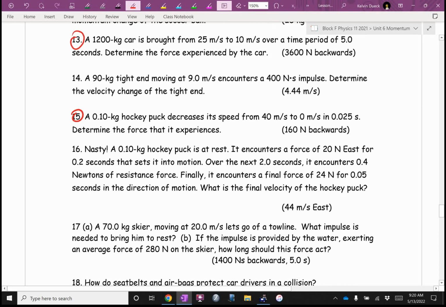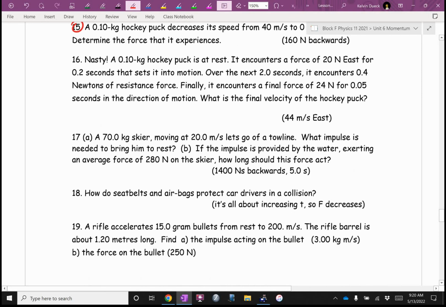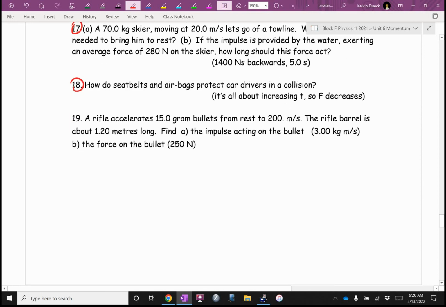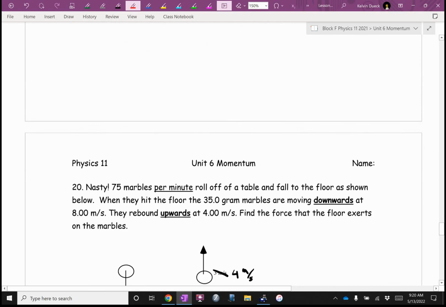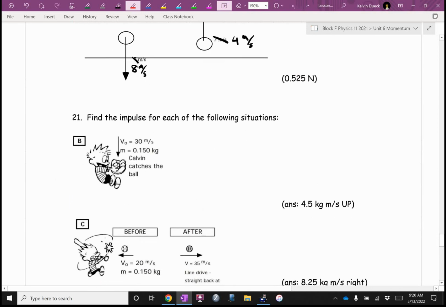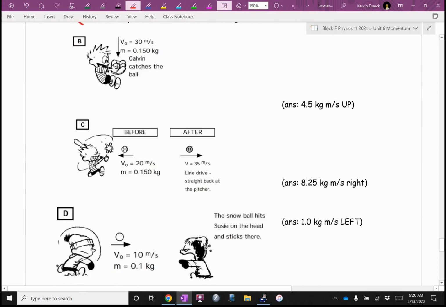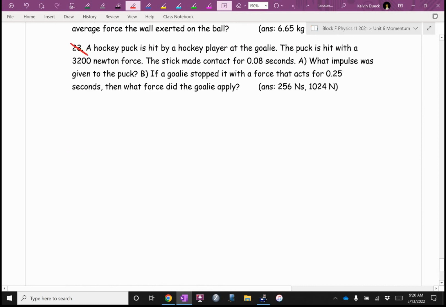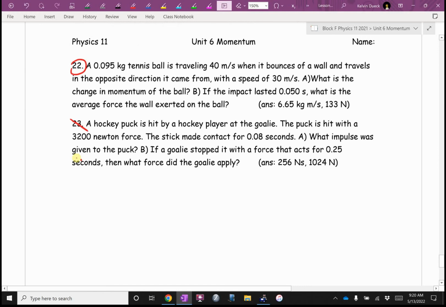Skip 14. 15 is good. Skip 16. 17 is good. 18 is good. I'll do 19. You can skip 20. You can skip 21. I like 22. You can skip 23. You got about 20 minutes. You can probably get this all done in class.